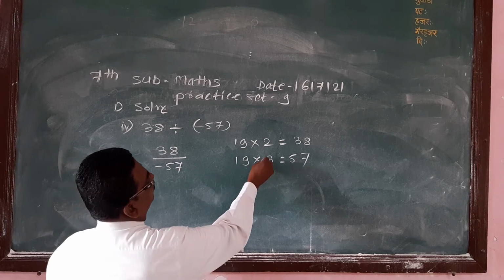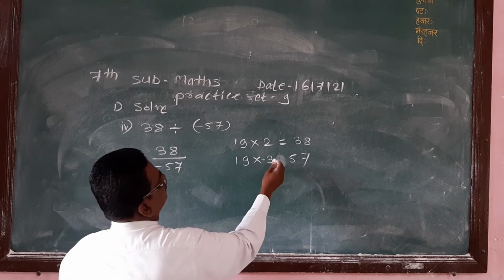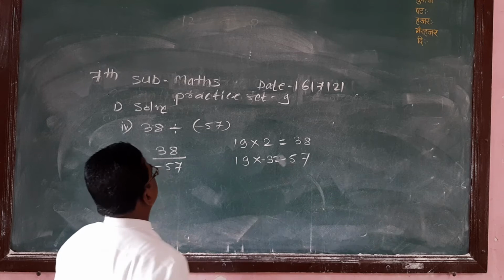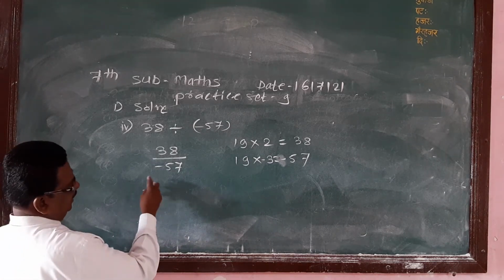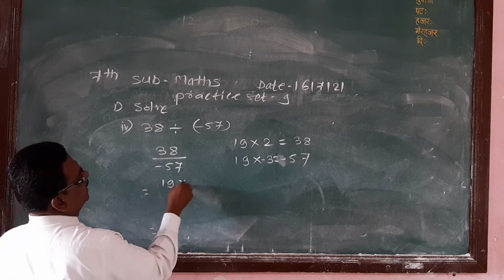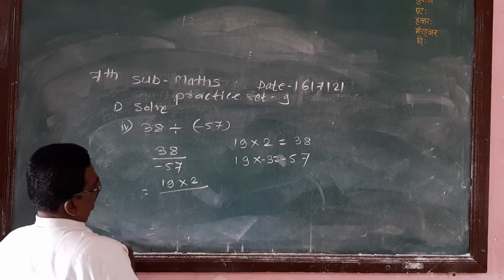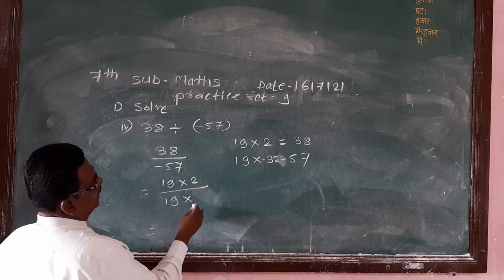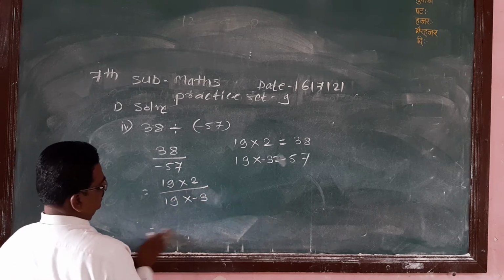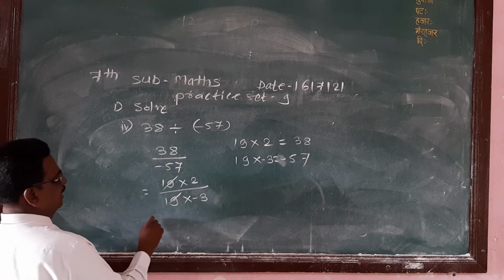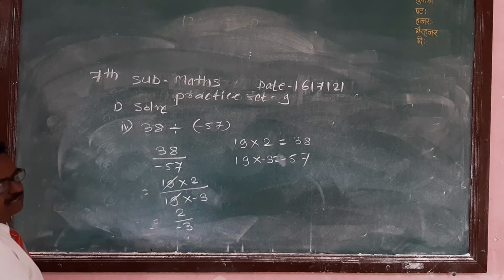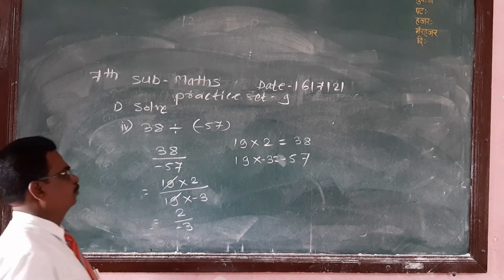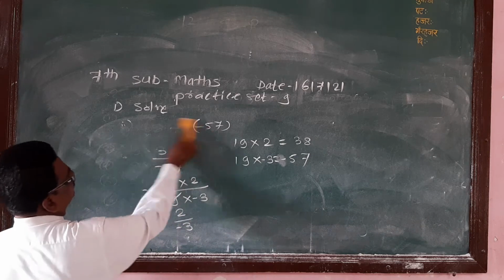Here minus 3 into 19 is equal to minus 57. So we will write 19 into 2 upon 19 into minus 3. Cancel 19, 19. 2 upon minus 3. Next.